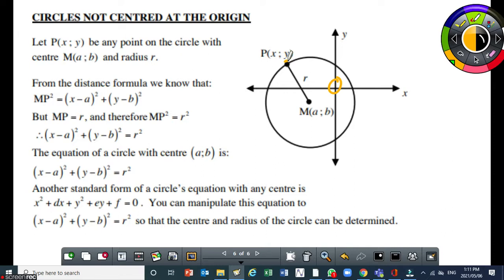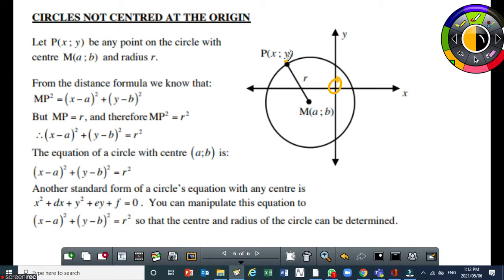Okay? So to calculate that equation, we use our knowledge of the distance formula. In this case, MP squared is equal to x minus A all squared plus y minus B all squared, whereby MP is the radius.